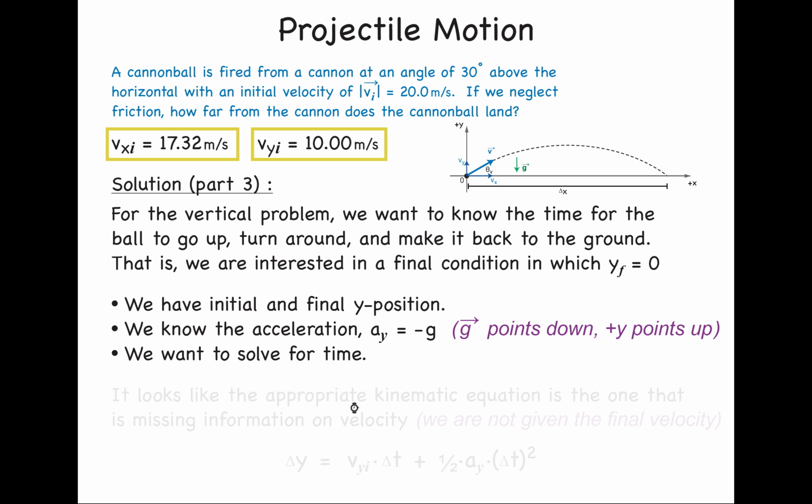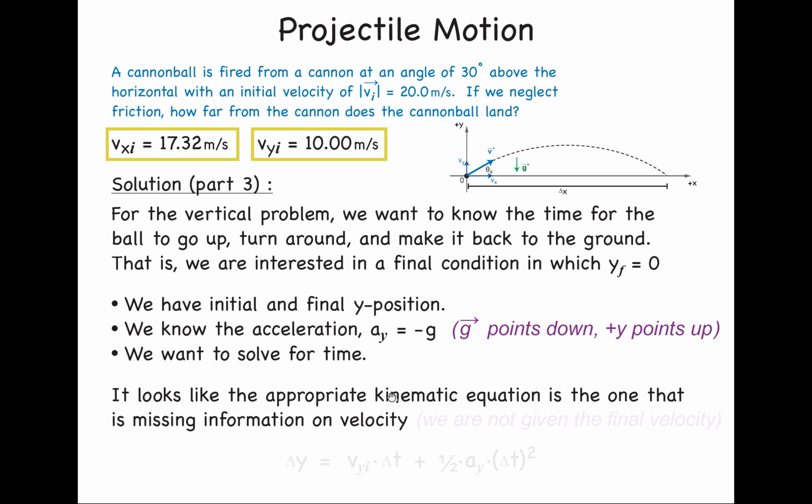So it looks like the appropriate equation that we're going to want to use, the kinematic equation, is the one that's missing information on velocity. Because you see we have initial and final y position. We have initial and final acceleration because the acceleration never changes. And we're trying to solve for time.